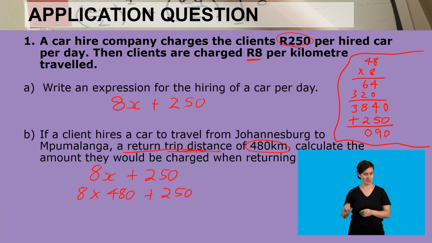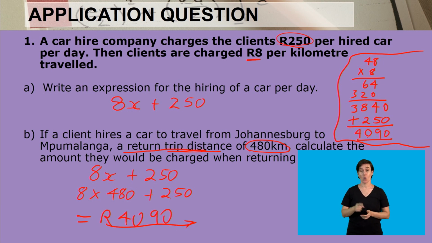In this case, you will write the 0, and then the 1 becomes 1,000, and that would be 3,000 plus 1,000, which is 4,000. So it's 4,090. That is our outcome. So when we write the answer, we'll then have 4,090 rands. Because we are dealing with money, the unit must show.